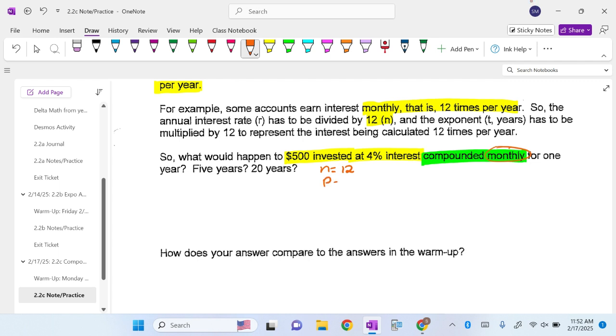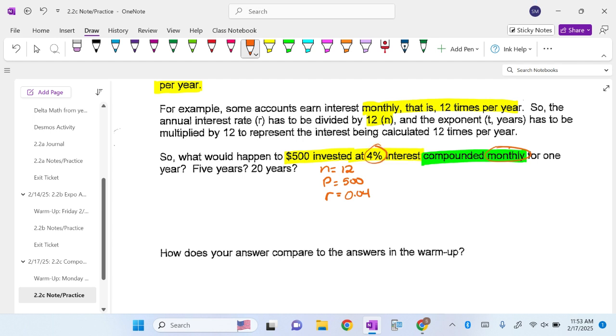What's my P equal to? Remember, P is your initial. 500 is your initial. That's how much you invested. What about your R value? 0.04. That's your percent rate as a decimal.